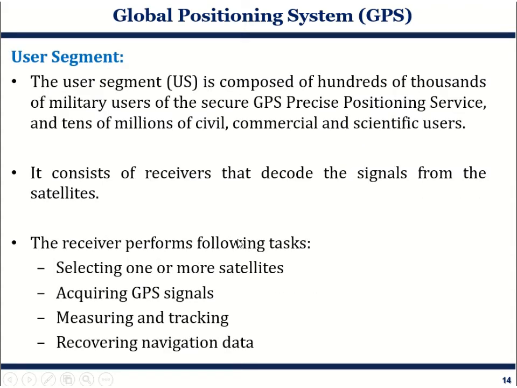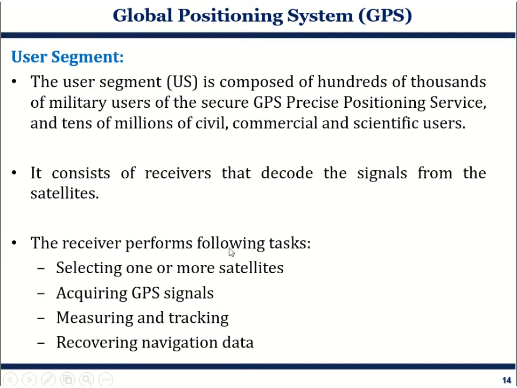The third segment is the user segment. The users are hundreds of thousands of military users, or civil, commercial or scientific users, who will be using this GPS system, the GPS precise positioning services. What the user segment will do is receive the data, decode the signal from the satellite, and then use that data.